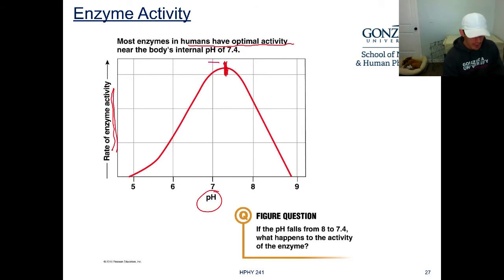But if you decrease the pH, if it drops below 7.4, notice what happens to this rate of enzyme activity. It starts decreasing very quickly.